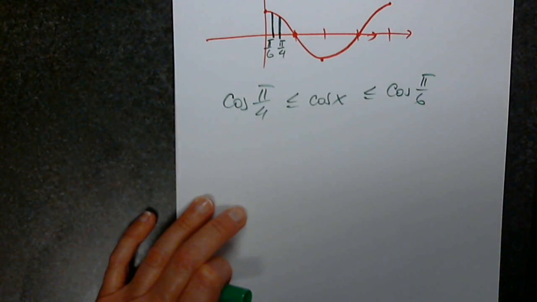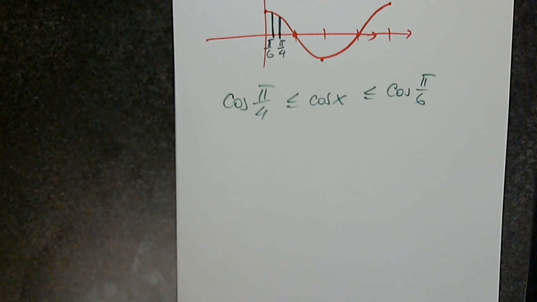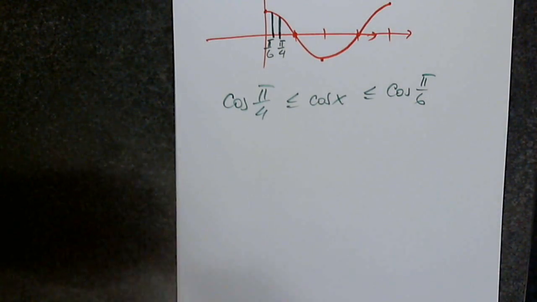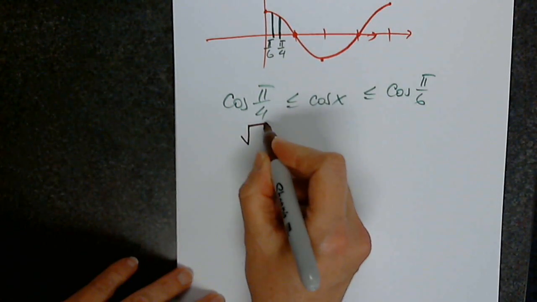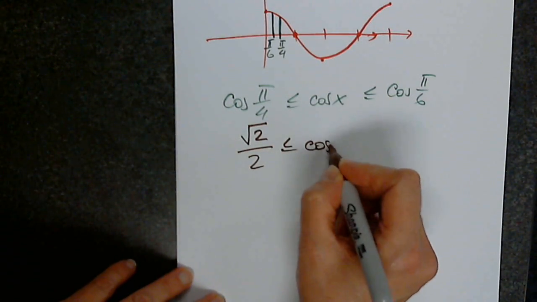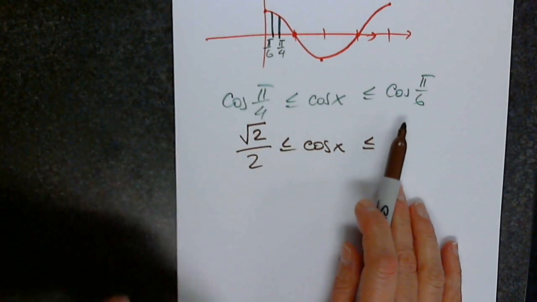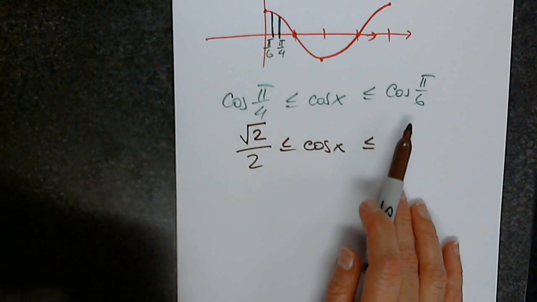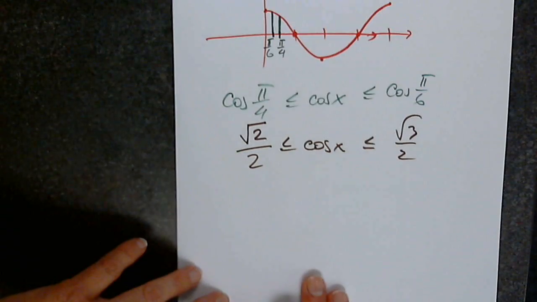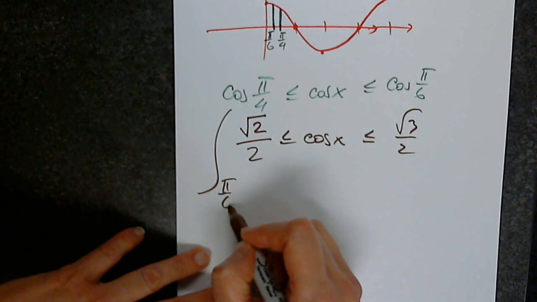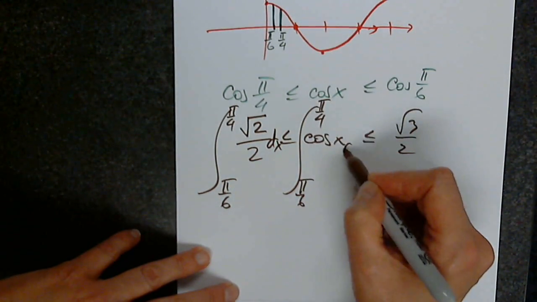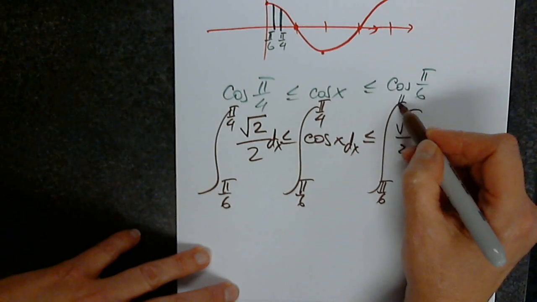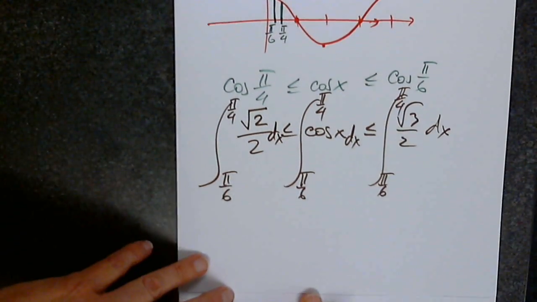Now I know the numbers. Cosine pi over 4 is the square root of 2 over 2. They're both the same. It's the only angle that has the same sine and cosine. And cosine pi over 6 is not 1/2. What is the other number? Square root of 3 over 2. Right. So now the middle is clear.